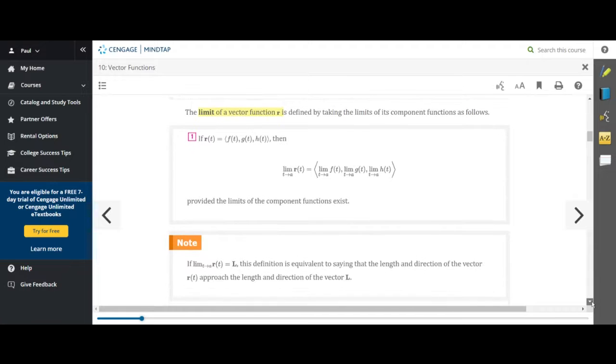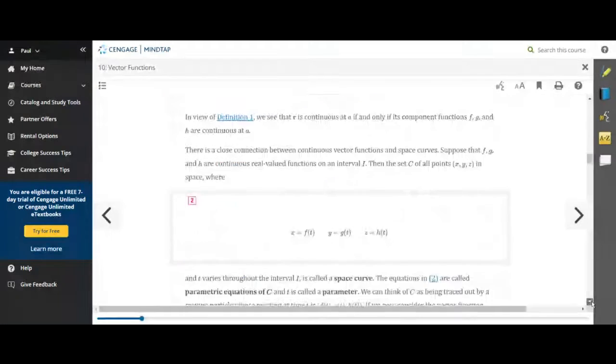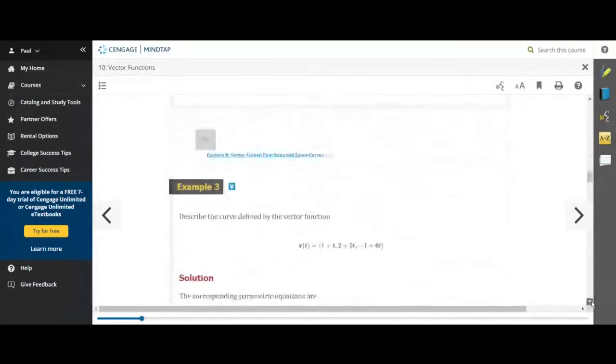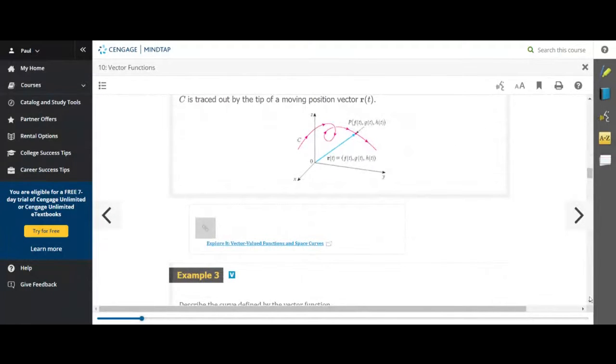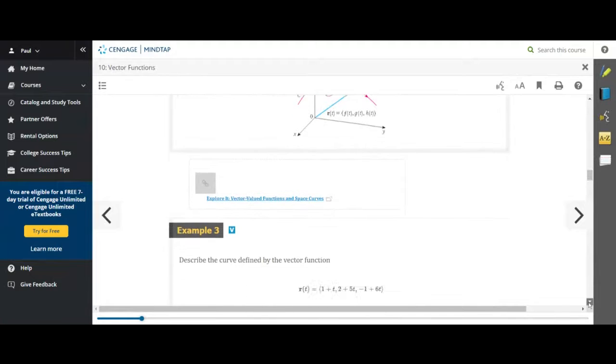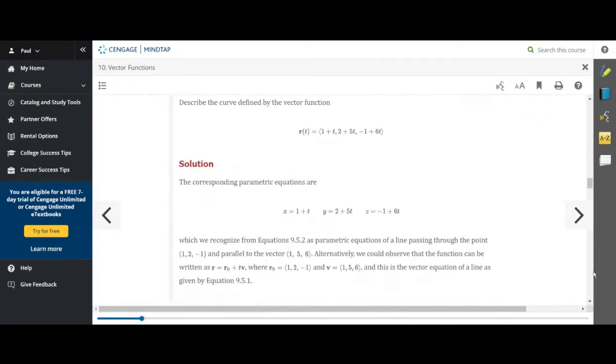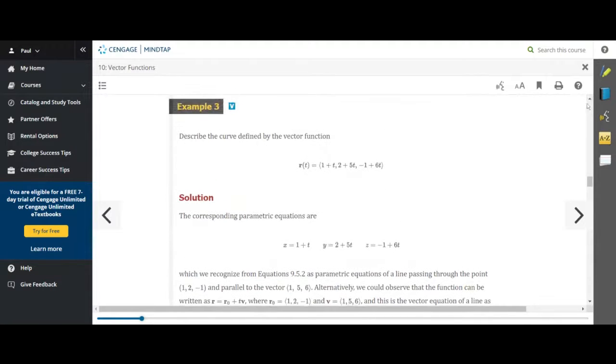We'll look at some of our own, but example 3 says describe the curve defined by this vector function, r of t.